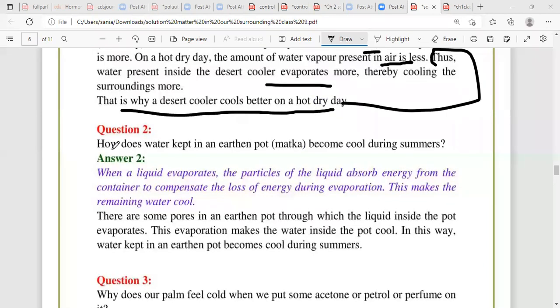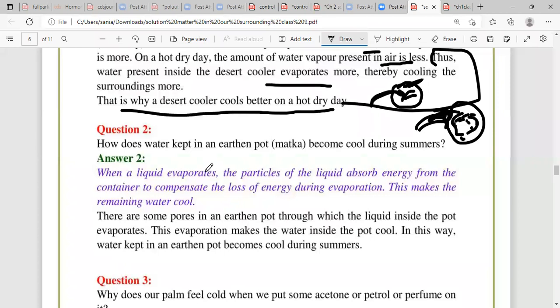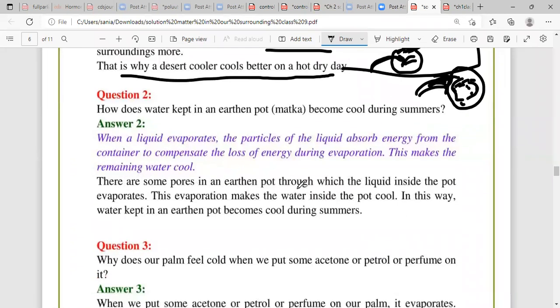Okay, next the question is, how does water kept in an earthen pot, matka, become cool during summers? As I told you earlier, for example, this is any material. If you add particles over here in this material, these particles will take energy from this material and this material will become cooler. So similarly, this is the matka. Sun radiation is going to fall over here, and the water is here. There are pores in the earthen pot through which the liquid inside the pot evaporates.